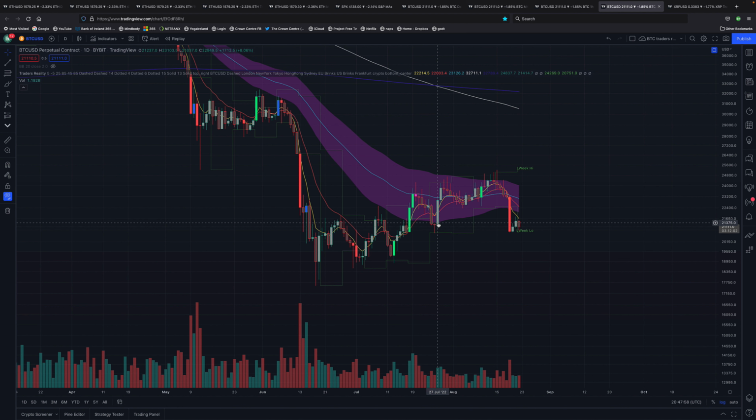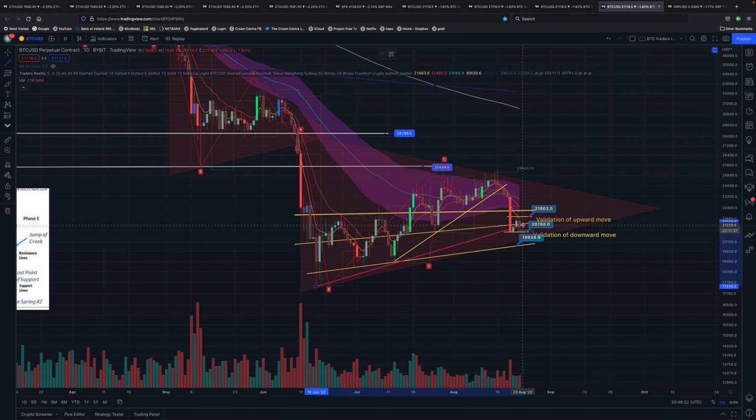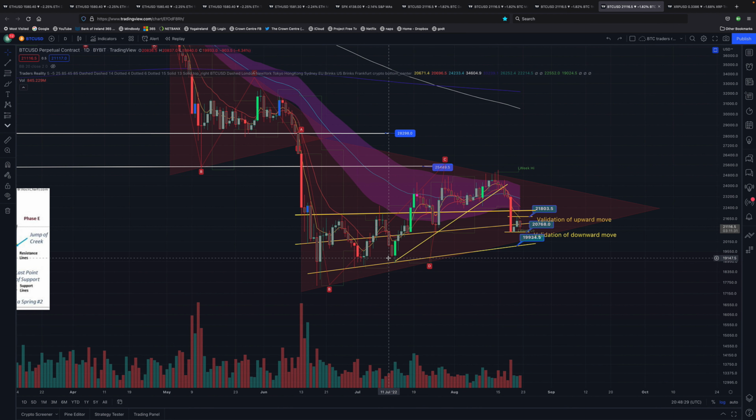So I start the day to see where we are, to see who's taken control last. So here we have the sellers taking control last. We don't have any reversal indicator on the daily yet, so that means we're still under pressure to sell, which goes hand in hand with where I believe we are, because we are still following the channel trend line.